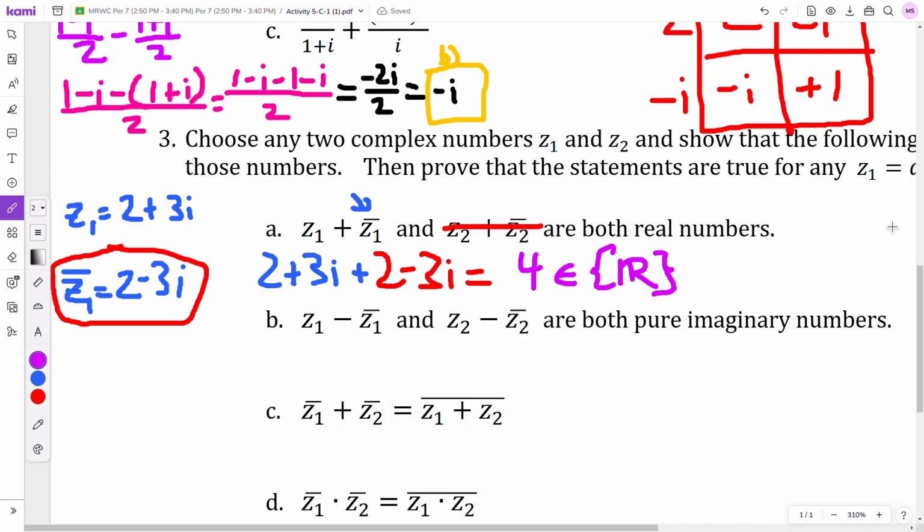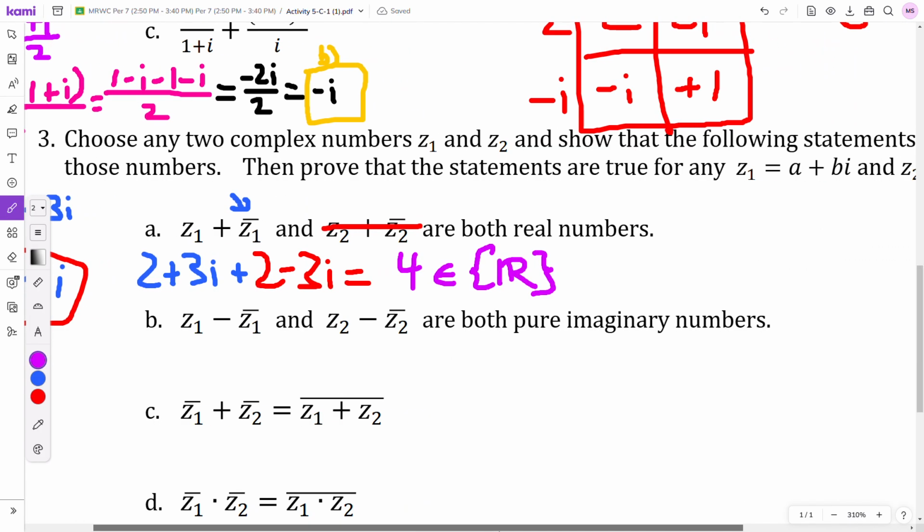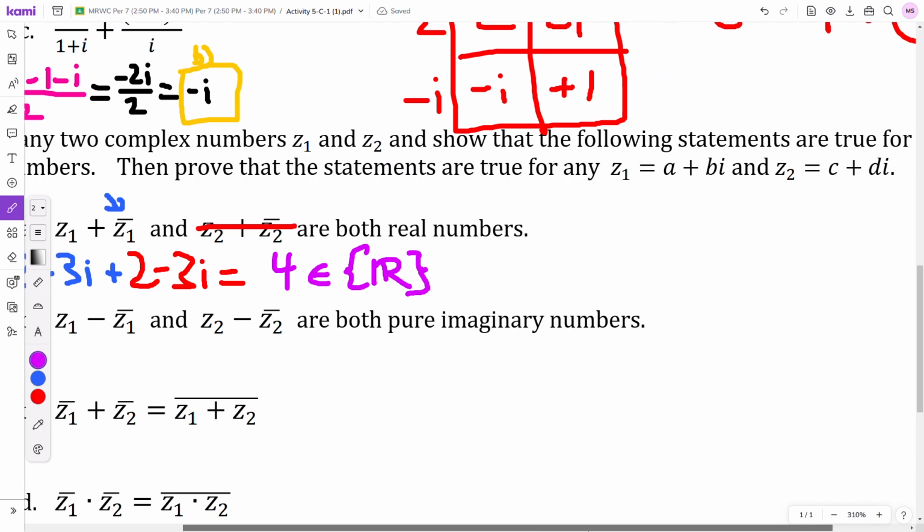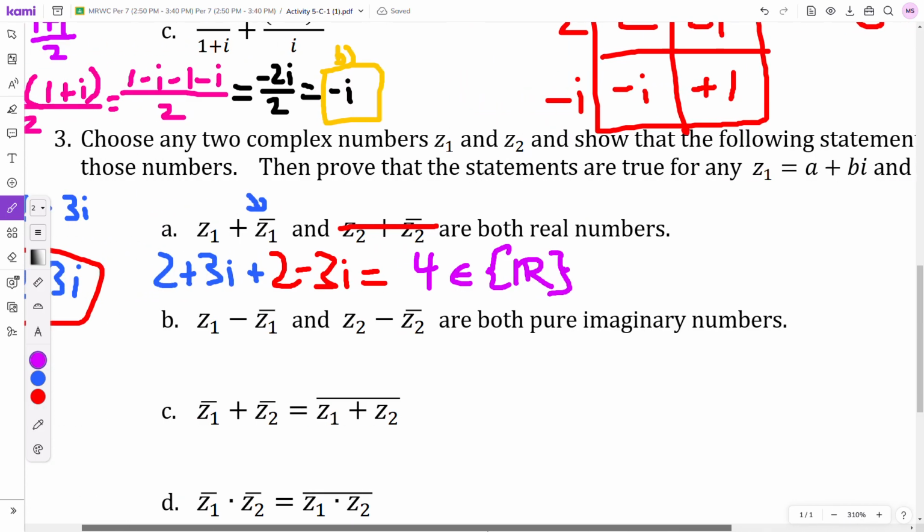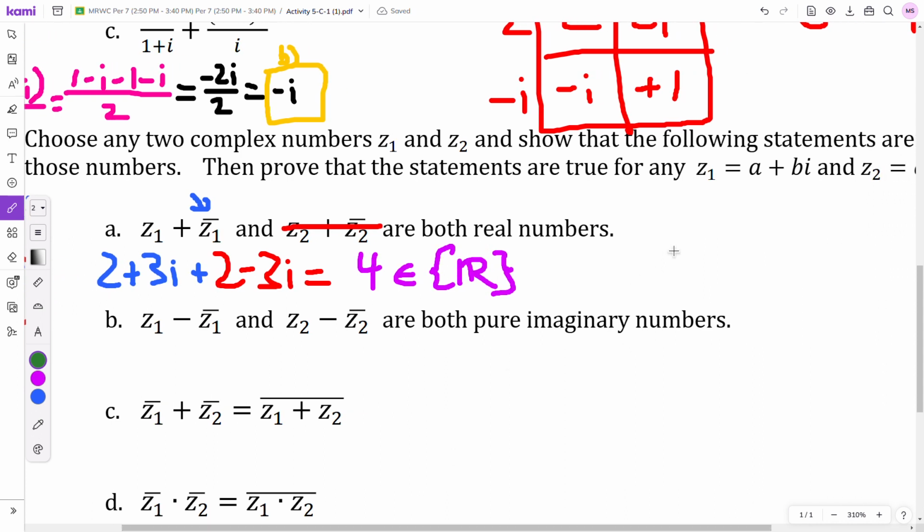Do I have to show another example? Not really. It says, then prove the statements are true for any z sub 1. And again, you don't really have to try a different number, because 1 will be enough. So instead of 2 plus 3i, let's use a plus bi.